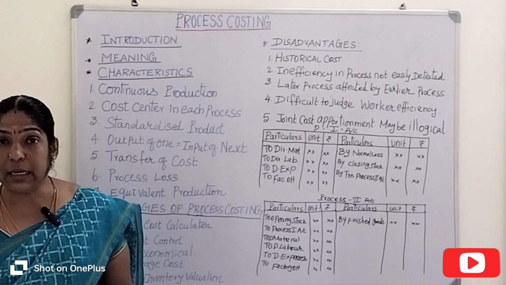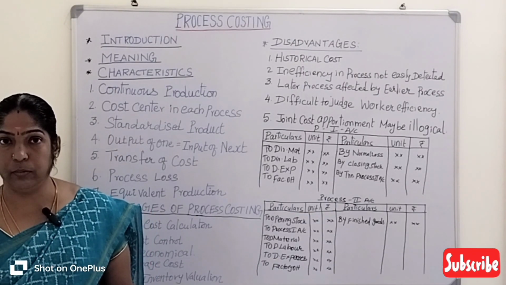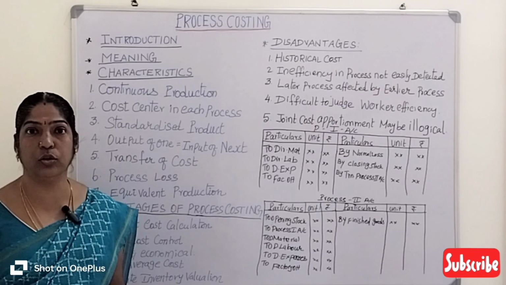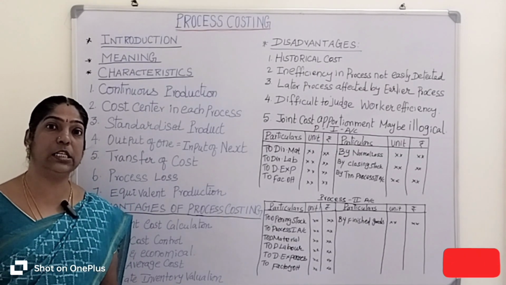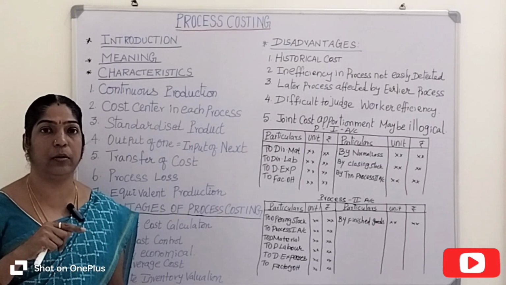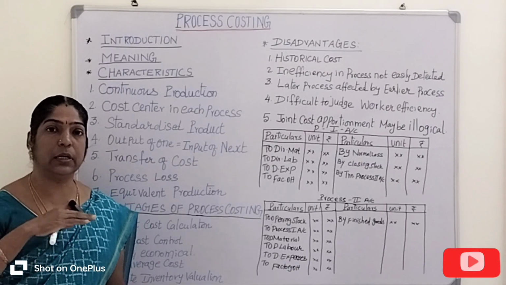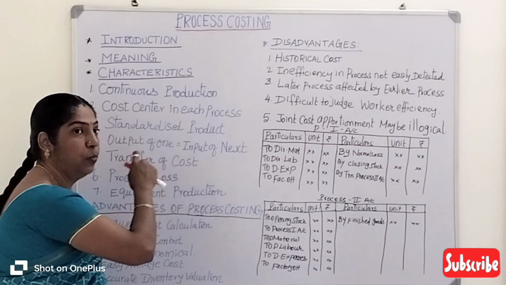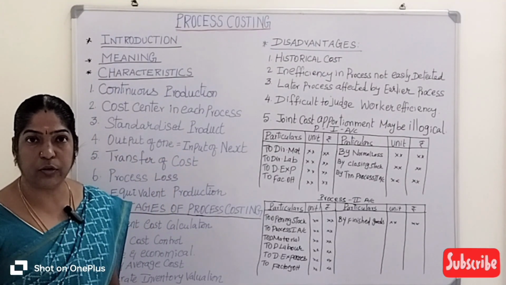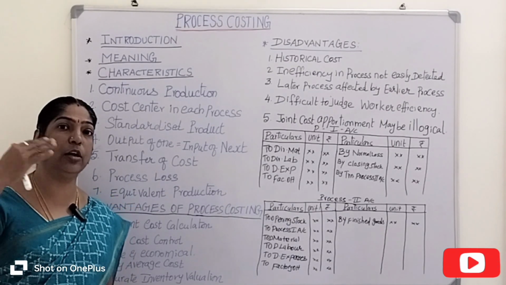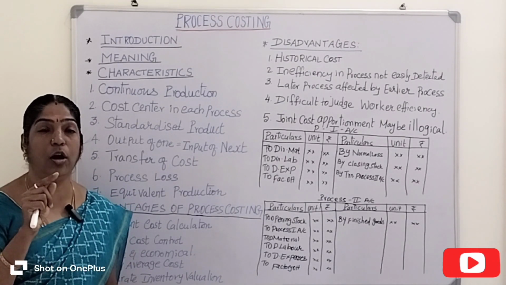Then that cleaned sugar juice is transferred to process 3 as an input. The output of the previous process is converted into the next process as what?